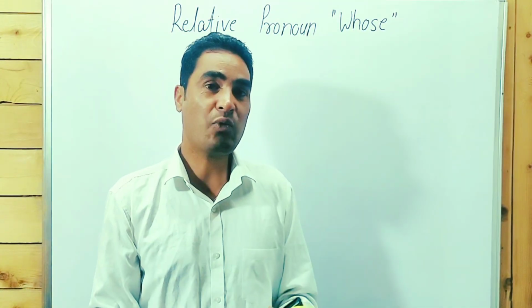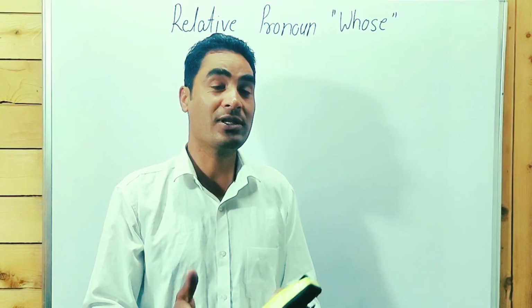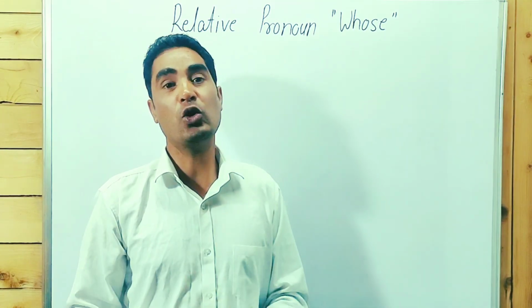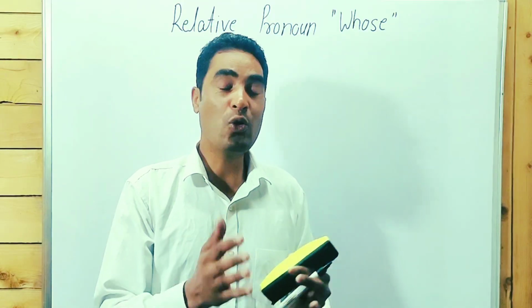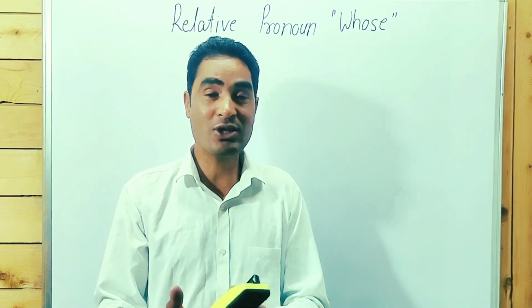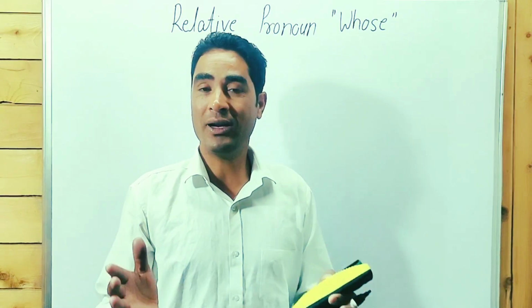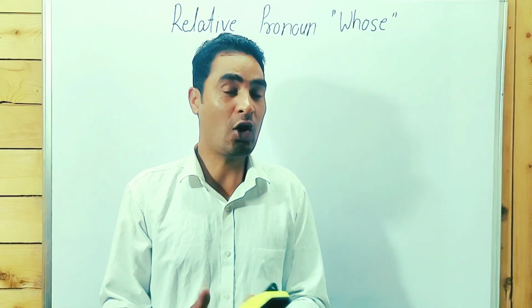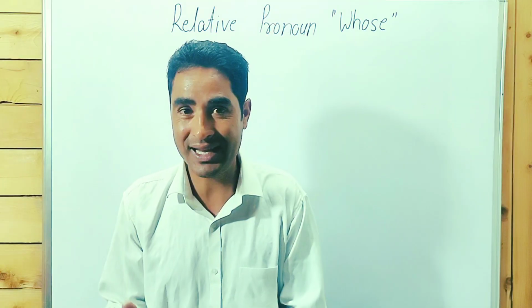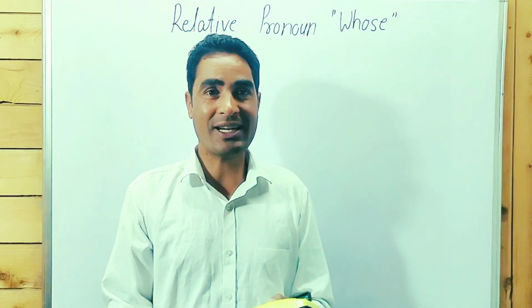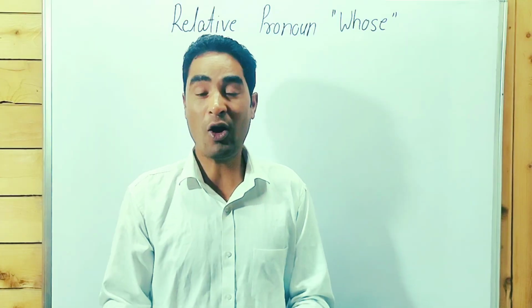And guys, point to be noted: whose can be used only for human beings. In previous videos we learned that who and whom can be used for human beings, only for human beings, not for non-living beings, not for animals, not for objects. Who is used for the subjective case, whom is used for the objective case.